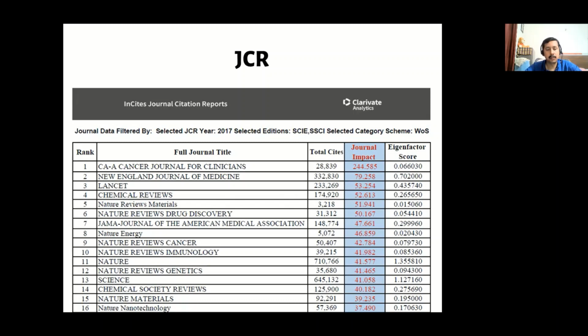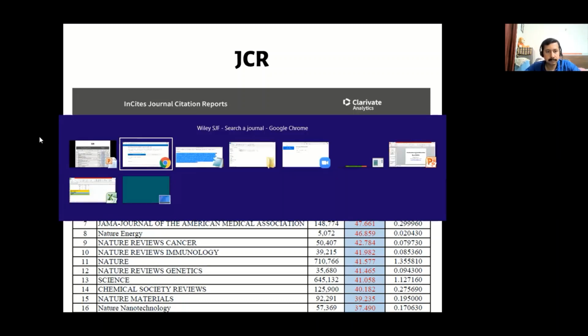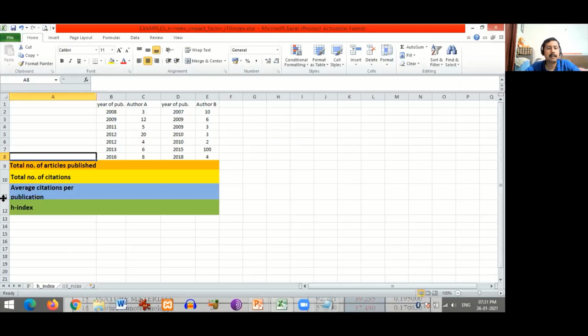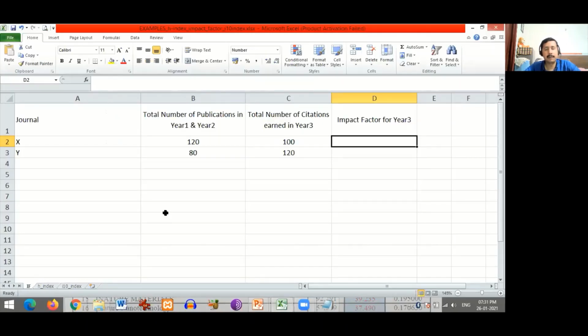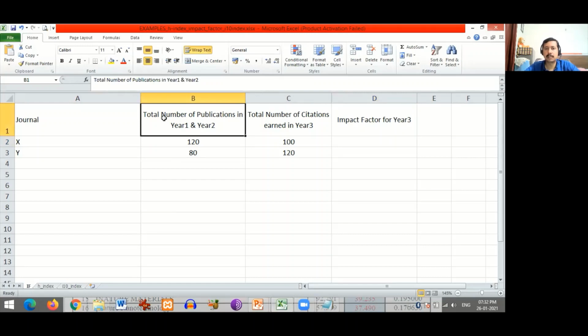Let me show this through an example. Let's first have a look at this Excel sheet considering two journals, Journal X and Journal Y. I have also listed the total number of publications in year 1 and year 2.